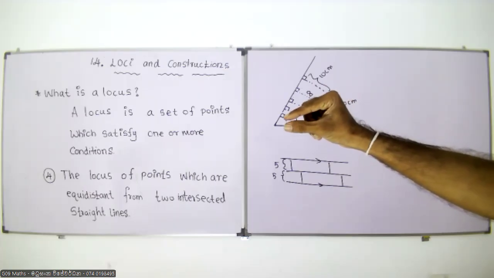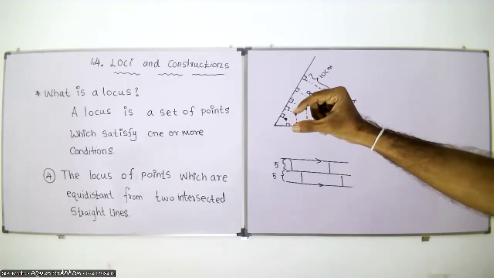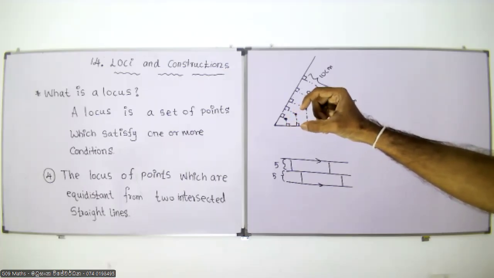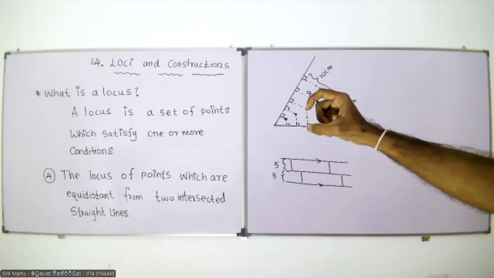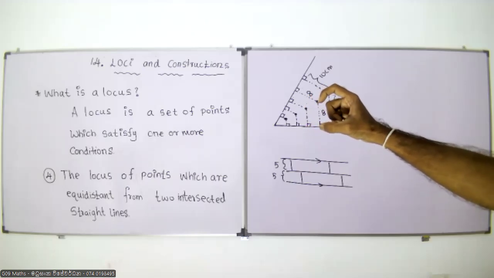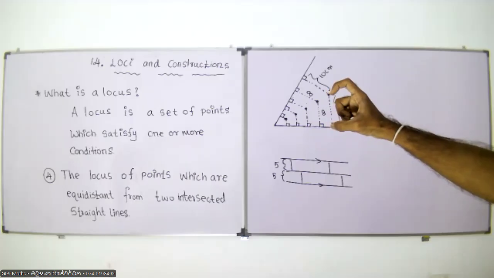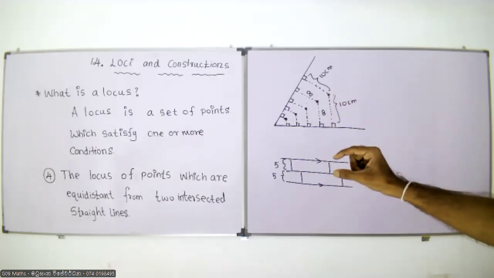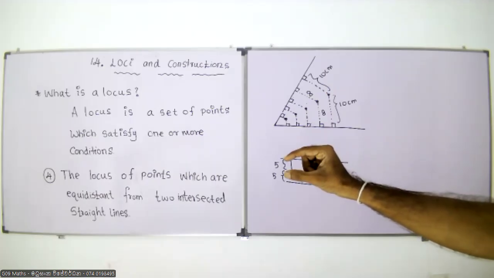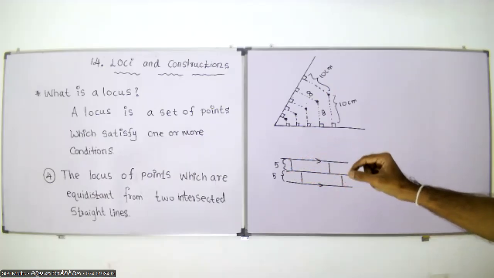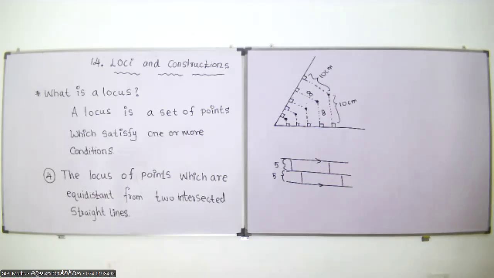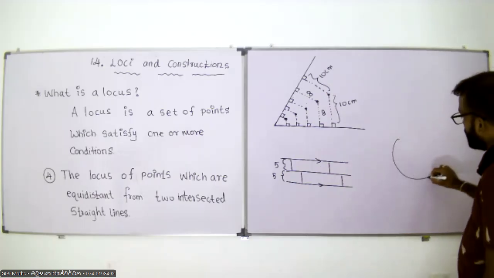Right? When it comes from here to here, when it comes from here to here, it is not a constant distance. This is a constant distance throughout the area.